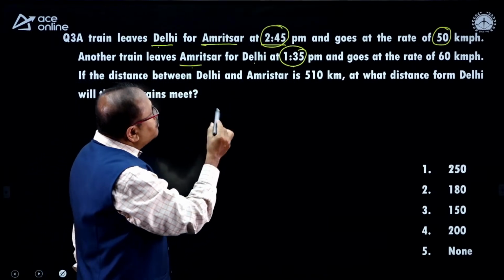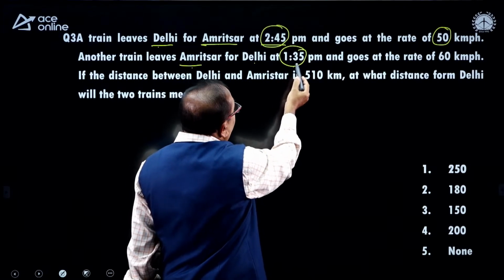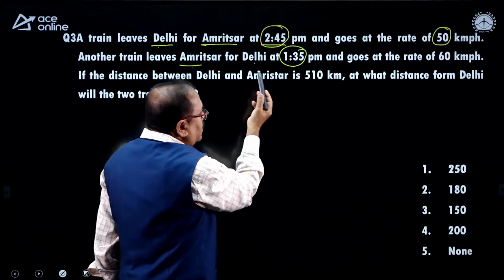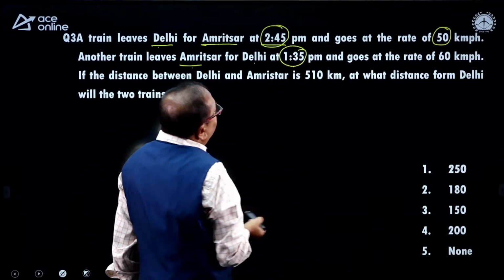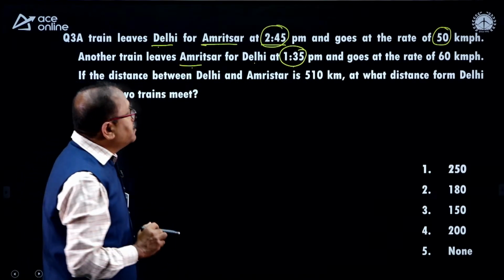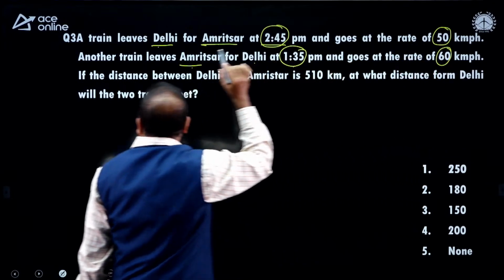That means after how many minutes? I notice that it is 25, and 25 plus another 45. The time is 25 and 45. That's 70 minutes. Right, my friends? Okay, it goes at the rate of 60 km per hour.